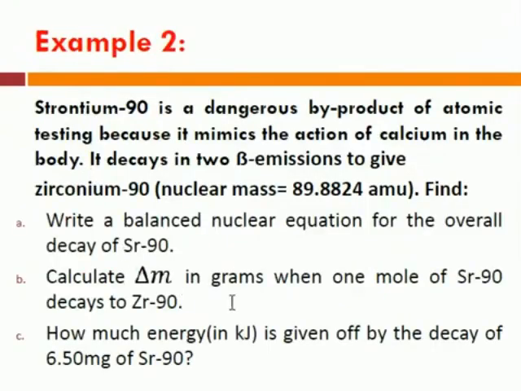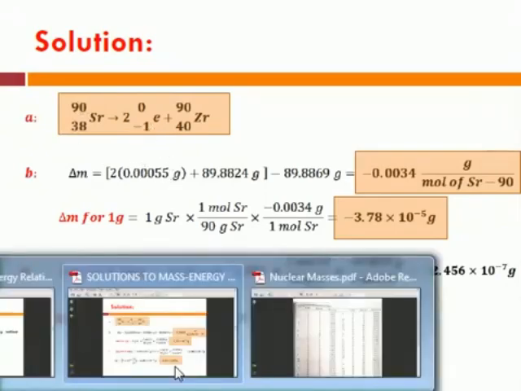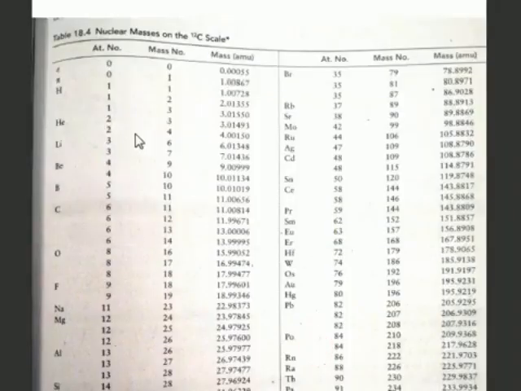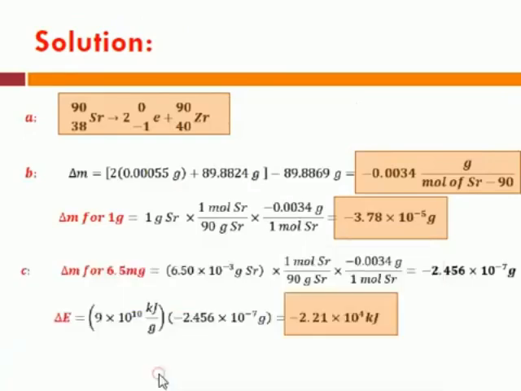calculate delta M in grams when 1 mole of strontium-90 decays to zirconium-90. So, delta M, again, is the mass of the product minus the mass of the reactant. Based on the table, we have 0.00055 here.